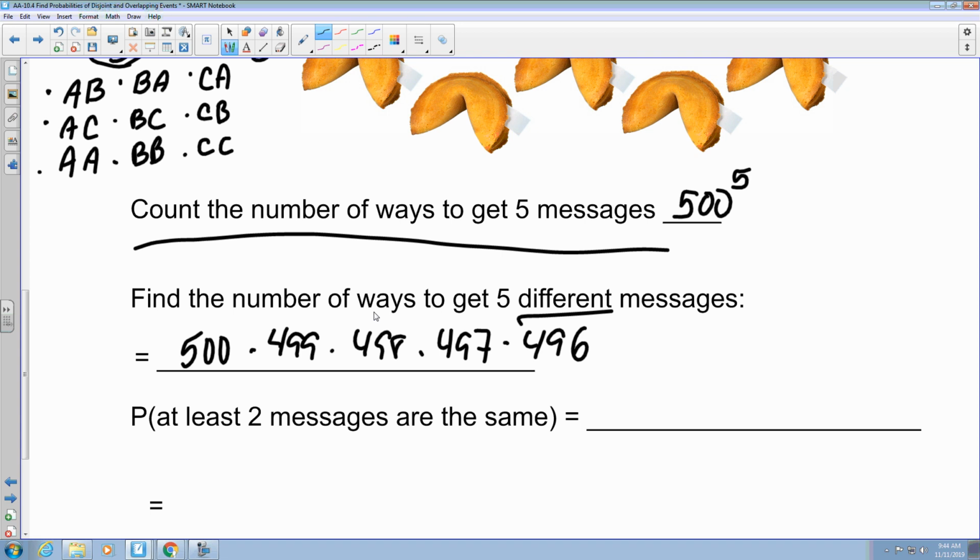So the probability of at least two messages being the same, we're going to look at the complement, which is 1 minus the probability that none are the same.